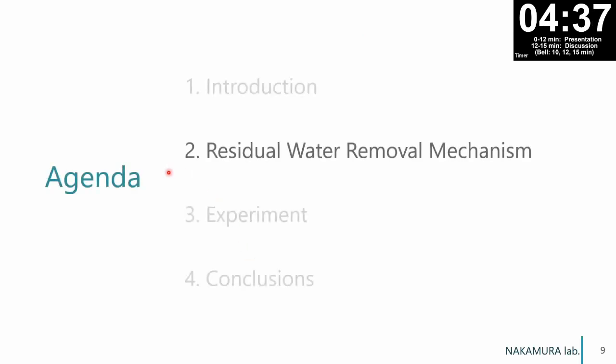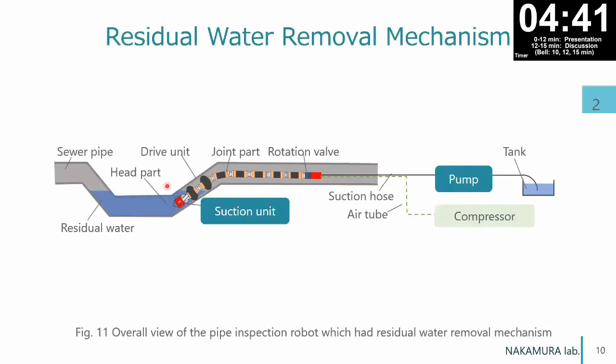Second, I'd like to present the residual water removal mechanism. An overview of the inspection robot mounted with the residual water removal mechanism is shown in figure 11. The residual water removal mechanism consists of a water suction pump and a water suction unit.